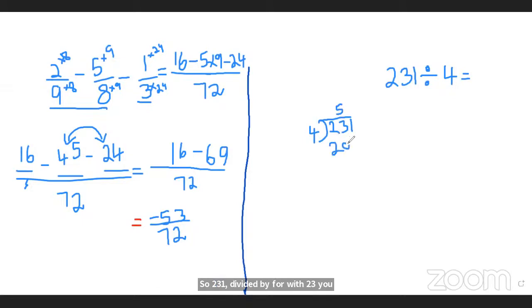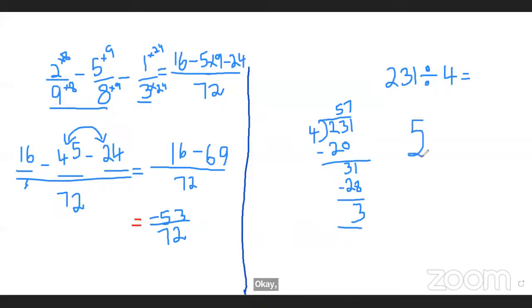So 20, remainder 3, bring down 1, 4 times 7 is 28, subtract it, you get 3. Okay, so 57, 3 over 4. This is what is called a mixed fraction.